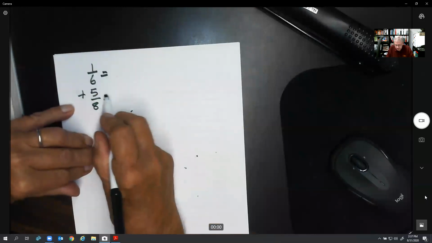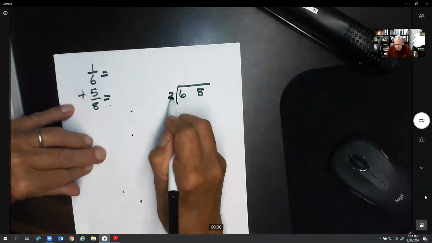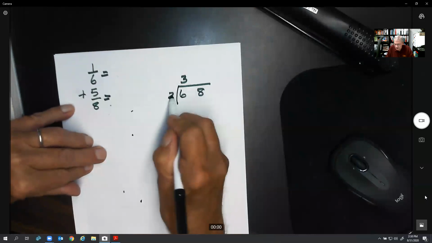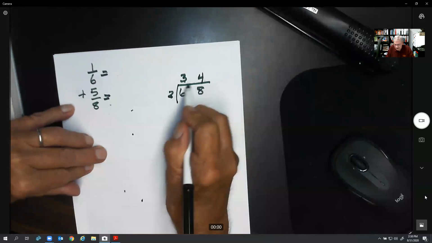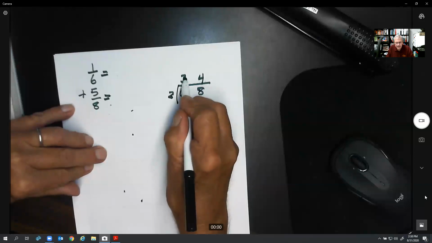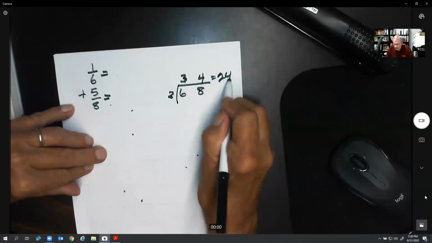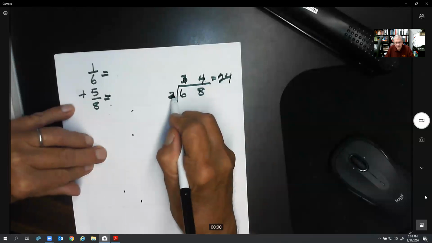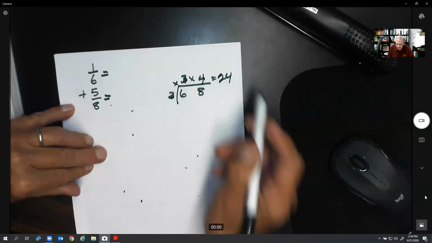I need a common denominator. 6 and 8. 2 into 6, 3 times. 2 into 8, 4 times. Nothing will go into these two numbers. 2 times 3 is 6. 6 times 4 is 24. Or you could think 12 times 2, 24. You just times all these together on the outside.